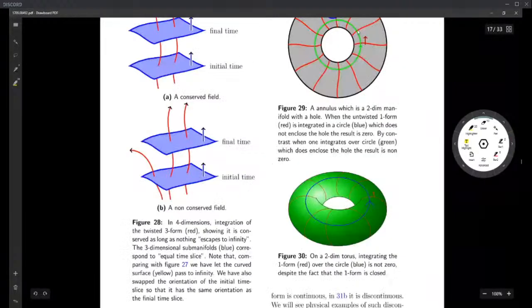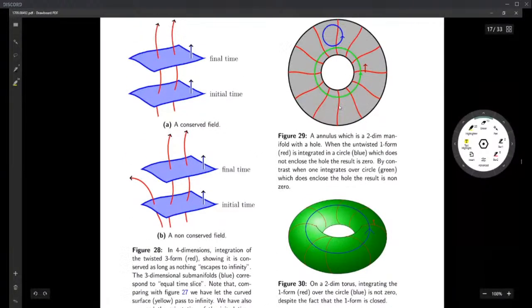Or to say that the integral of a closed form is zero.